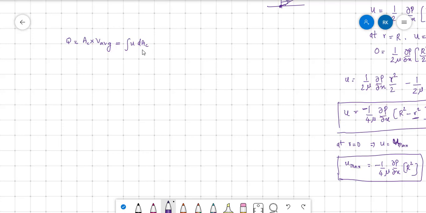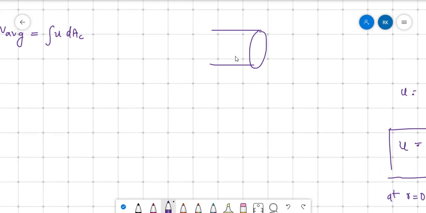That is because, so this is the pipe, and if I consider a fluid element, that will be summation of all these discharges. So the fluid will be flowing from this, and summation of all these discharges gives us total discharge.